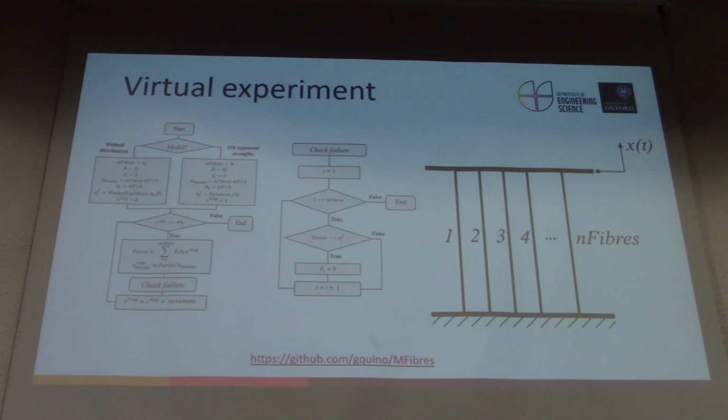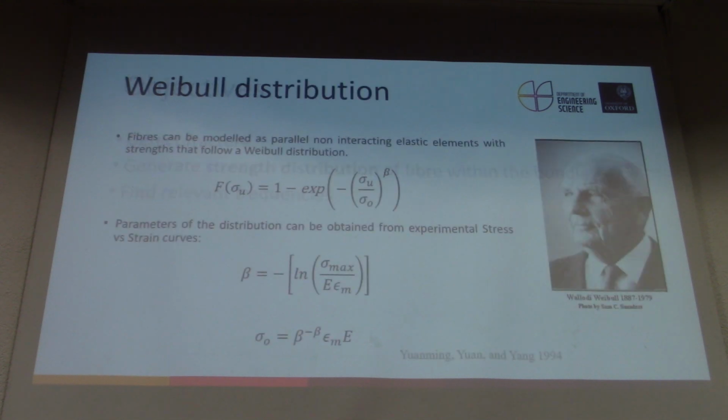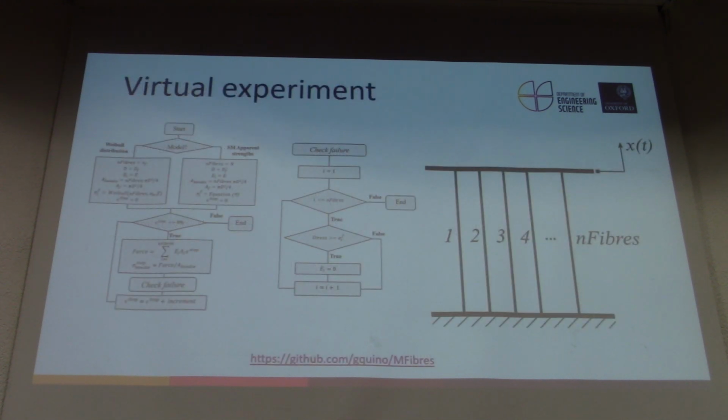And in order to do that, I made a MATLAB script that runs an analytical model of parallel, non-interacting fibers. And if you want to look at this model, I think I put the Weibull case on my GitHub page. You can play around with it.